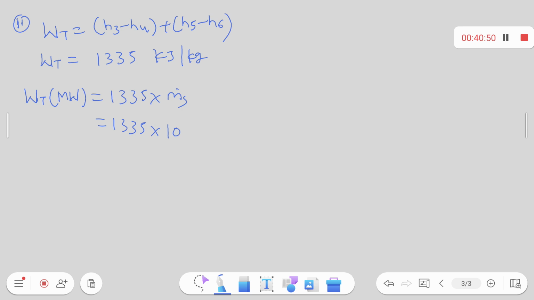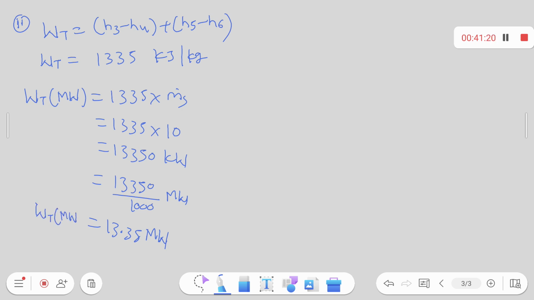So 13350 kilowatt. To convert to megawatt, divide by 1000. 13350 divided by 1000 is 13.35 megawatt, right? So that is the turbine work in megawatt. Got it? All of you, right?